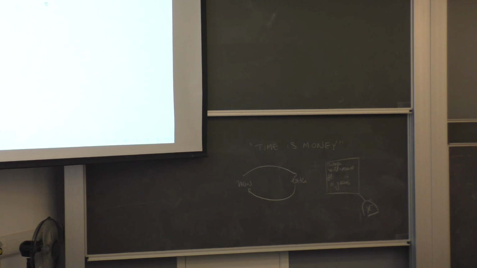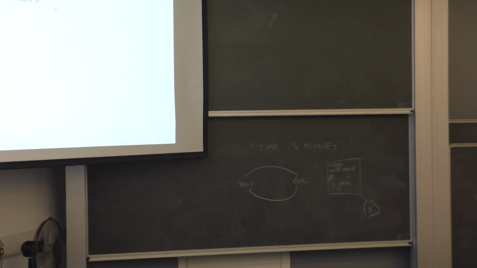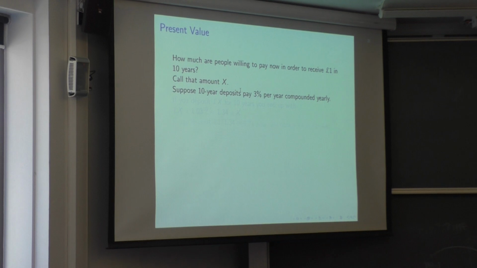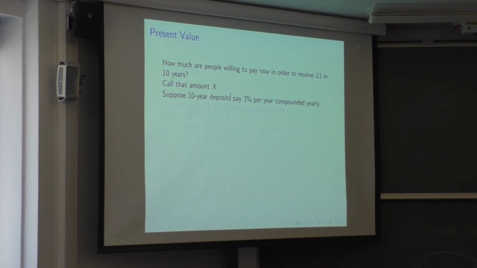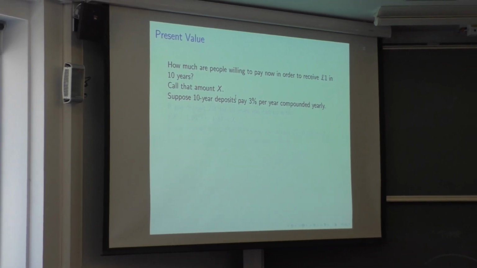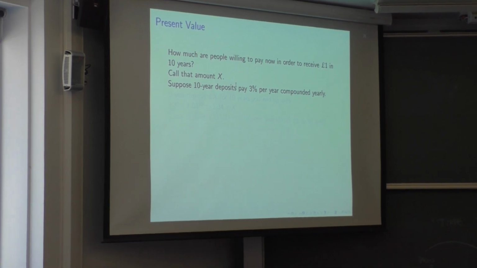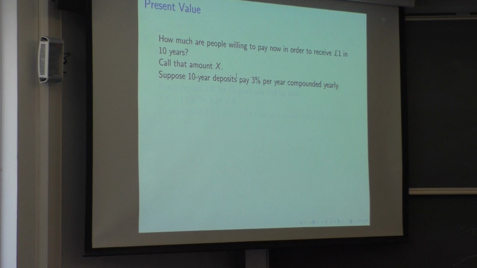Okay. So how are we going to relate X to something else we may know? Well, we're going to observe interest rates. So suppose that you go to the bank or to the British government and you ask them, if I were to deposit money with you for 10 years, how much interest are you going to pay me? So suppose that you discover that the 10-year deposits pay 3% per year, compounded yearly.